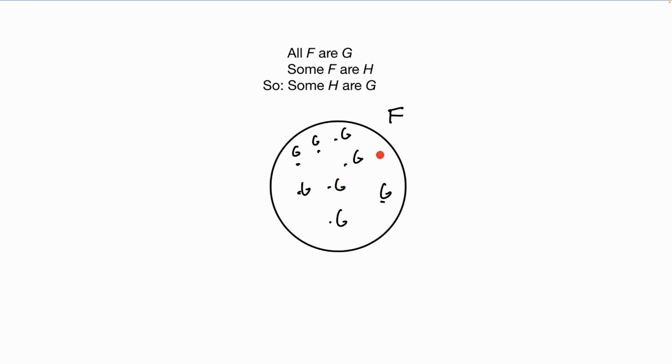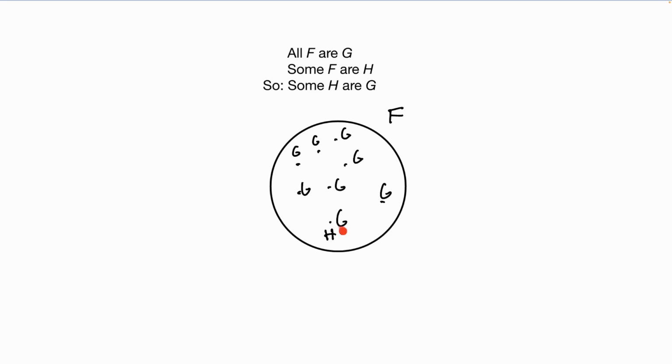And we know that some F, or we're going to imagine, to make the second premise true, that some F are H. So there has to be something in here that is H. So if I just pick something at random to make H, that will make this second premise true. So let's say I pick this one down here to make H. So I'll write H next to it.